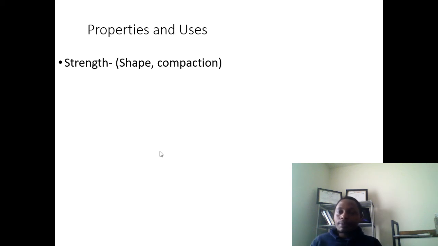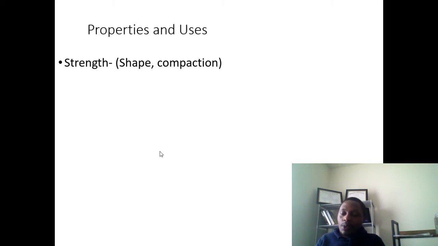Okay, so you also need to know what compaction is. Okay, and how does it improve strength. Okay, so first note the definition of compaction, and the other term that is related to compaction is cohesion.